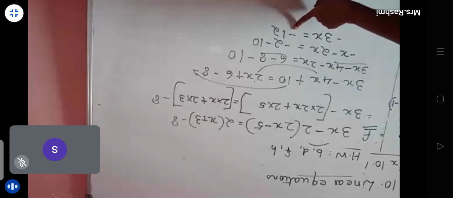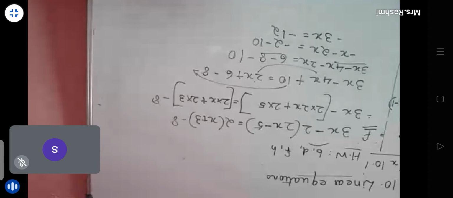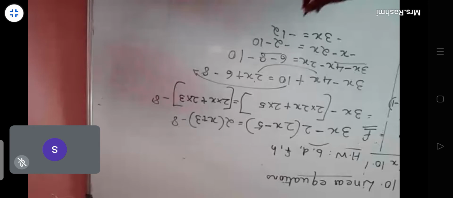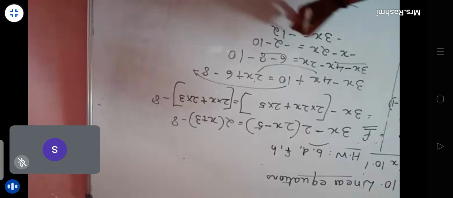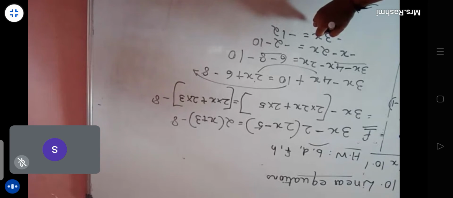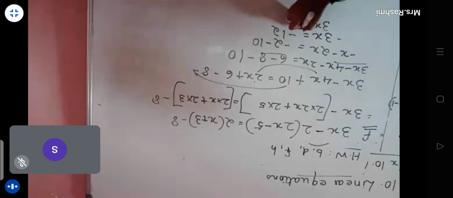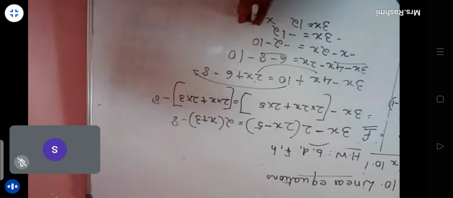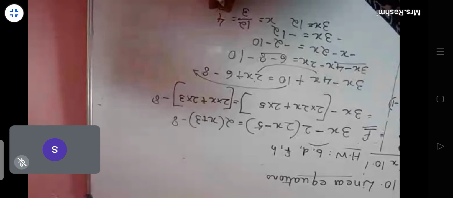Two negatives we are going to add, but the sign is the same, whatever the bigger number says. Same here also. So now we have two negatives on both the sides, so we can write it as 3x is equal to 12. So x is equal to 12 upon 3, is 4.